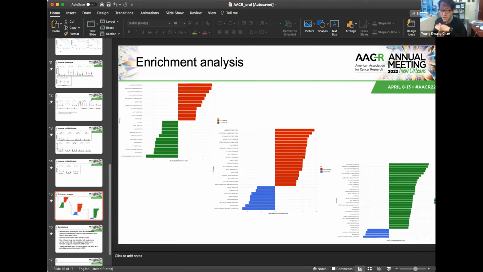Orthogonal means perpendicular. Perpendicular means can be independent of each other. You could have high TIL but low TMB. You can have low TMB but high TIL. So it doesn't always correlate. And that's the beauty of it.